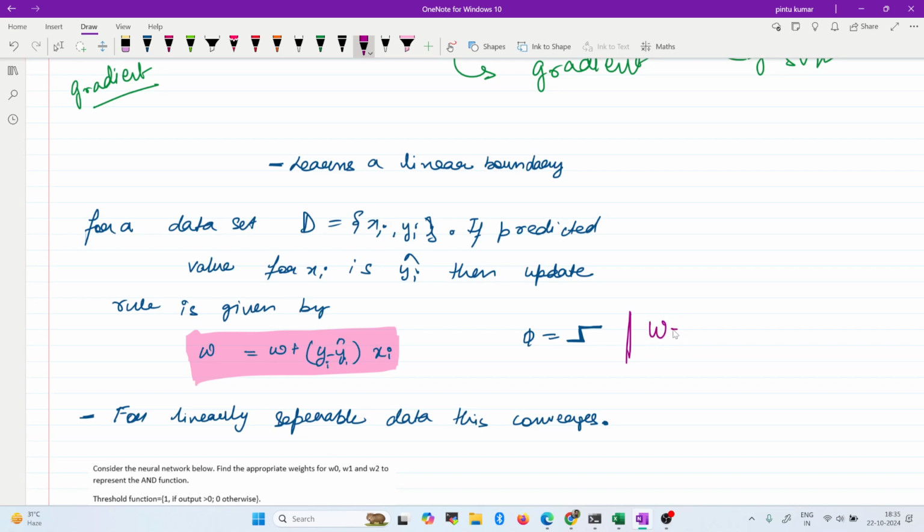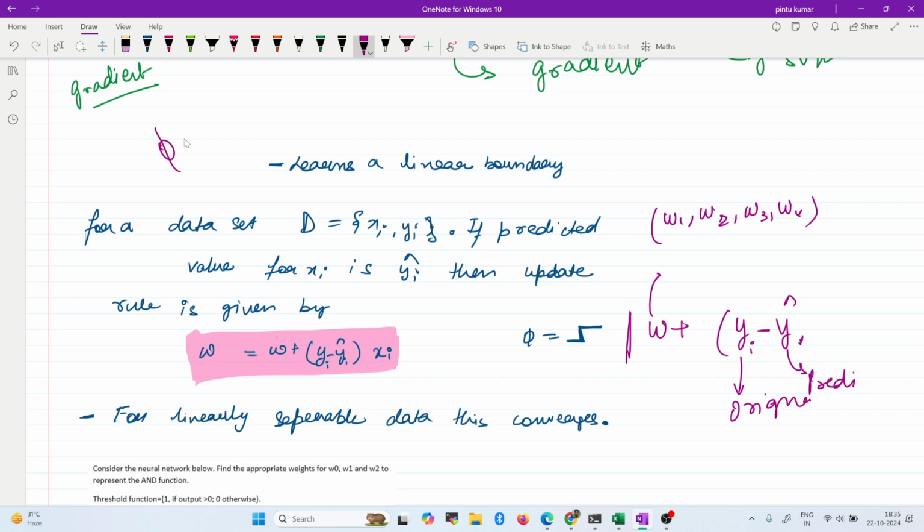The new weight is given by W plus, where W is a vector of W1, W2, W3, and W4. This is your original label, and this is your predicted label based on phi of s, so either 0 or 1, multiplied by xi. This is the update condition.